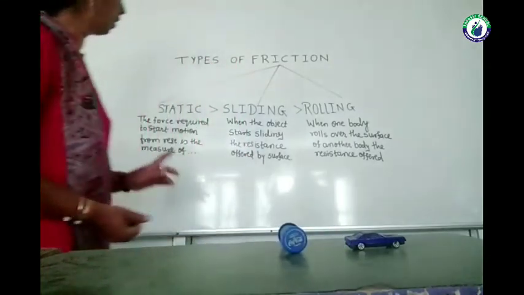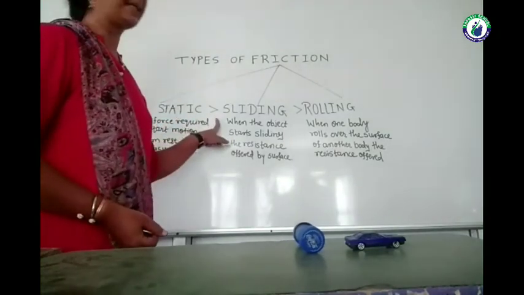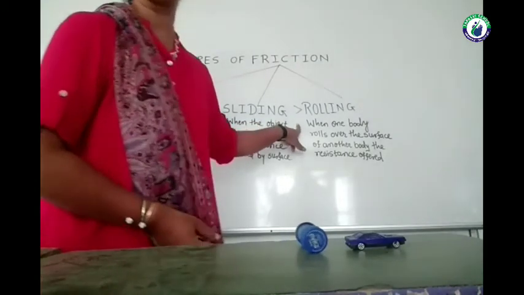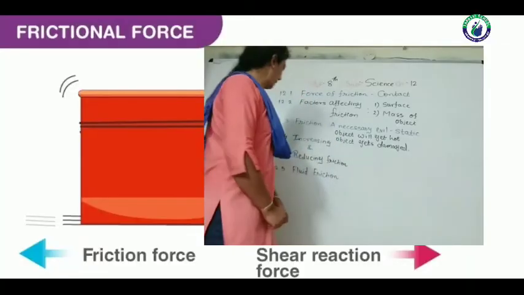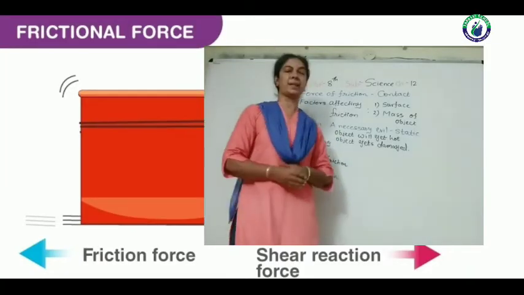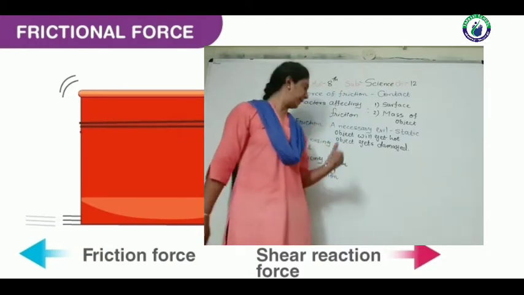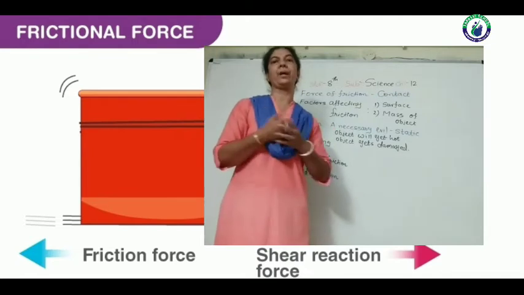So here we can conclude that static friction is the highest, less than that is sliding friction, and the least frictional force is rolling friction. Now let us discuss how we can increase the friction, and second, how we can reduce the friction according to our requirements.